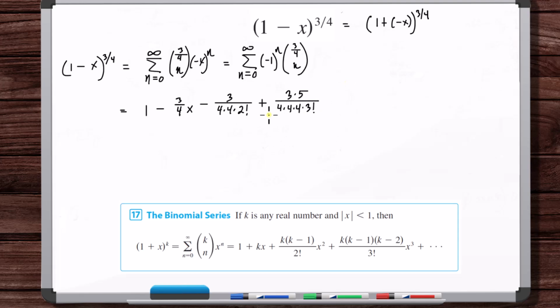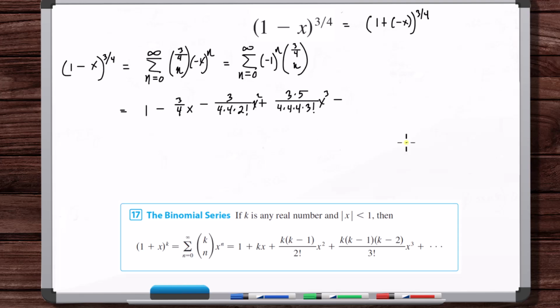Oh, and there's an x squared here, x cubed here. Okay, and so I'm assuming 3/4 minus 3 is going to be, so 3 times 4 over 4. Oh, okay, 9 minus 9. Okay.